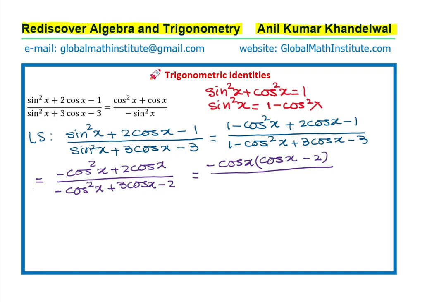So that we can get by 2 and 3. So we could factor this as minus cos x minus 2 times cos x minus 1. Now we have a common factor which cancels, and that minus minus also cancels. So we are left with cos x over cos x minus 1.